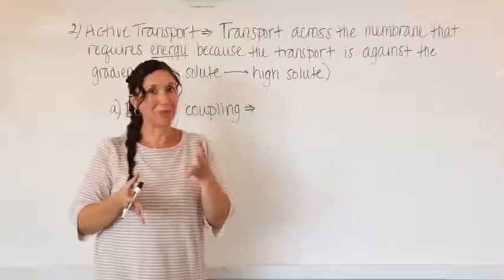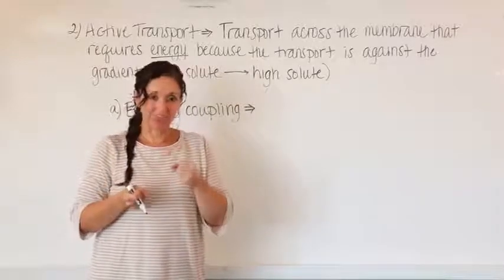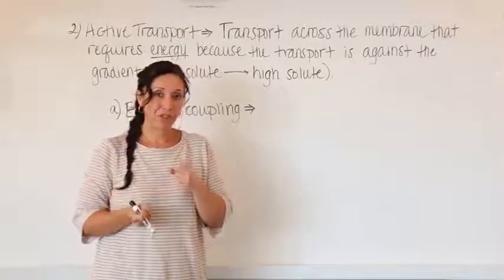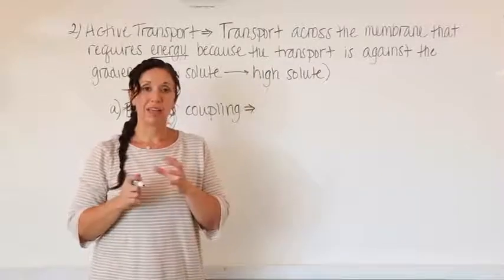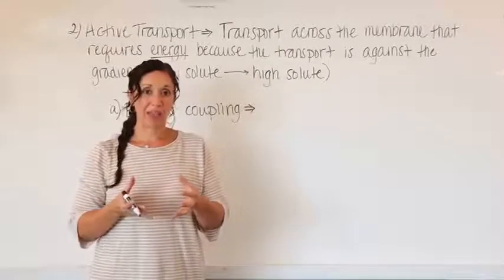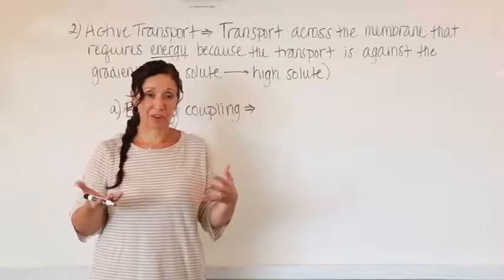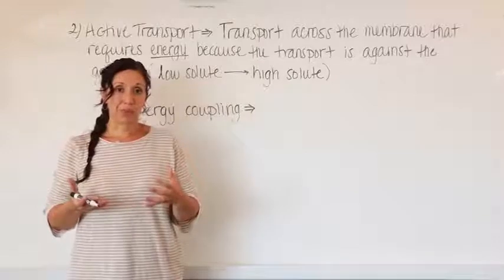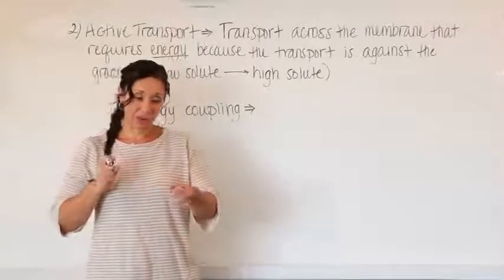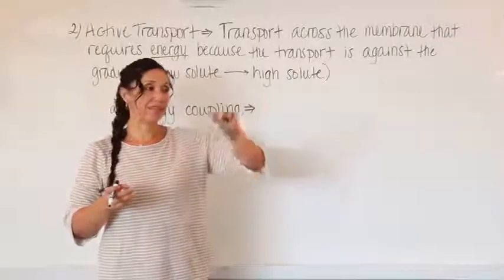The proteins actually move. They do what's called a conformational change. Those conformational changes, those changes in their shape, if you will, need energy. And where they get this energy, you just can't make up energy anywhere you go. There's a molecule that when it undergoes a reaction, it actually releases energy.